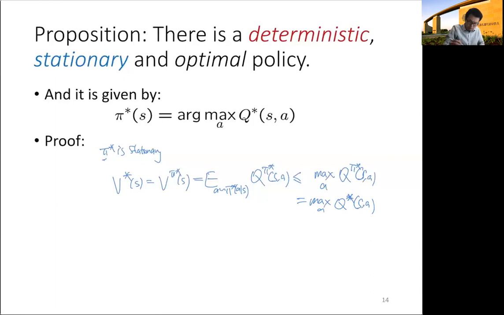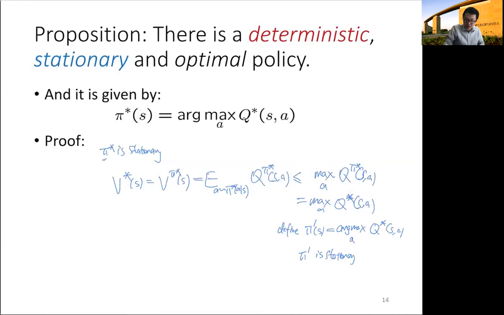Now we can define an alternative policy. Define pi prime such that pi prime of S is equal to the argmax of Q star of S, A. Right? We can always do that. So first of all, we can check that pi prime is stationary, because it depends only on S and nothing else.